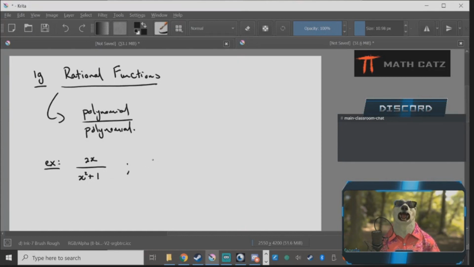Of course, I could have 2x cubed minus 7 over 1. Constant, the number is still a polynomial. It's just the constant term. So this is, of course, equivalent to the polynomial, which says that polynomials are a special subclass of these rational functions.